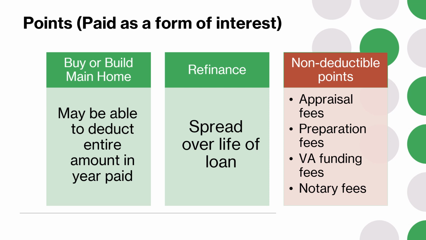So they can't take the full amount of points that they paid in that year on the current year tax return. They'll have to spread it out. They take the total amount of points paid and the life of the loan, how long they are going to have this loan for, divide the points they paid by that life, and that is the amount that they get to take in the current year.